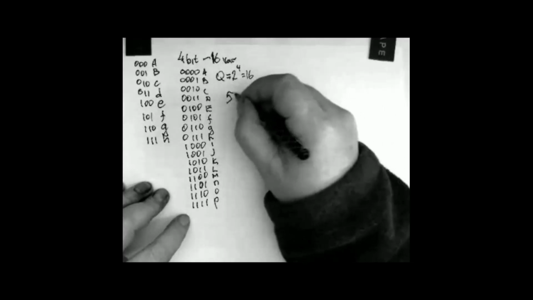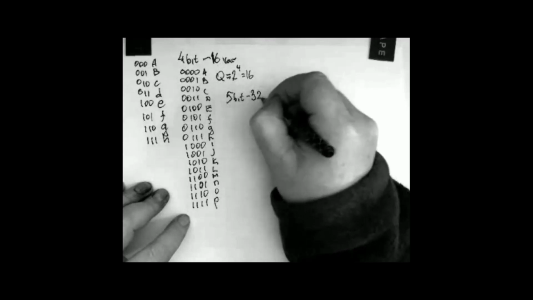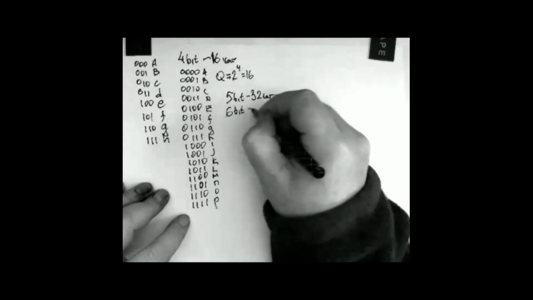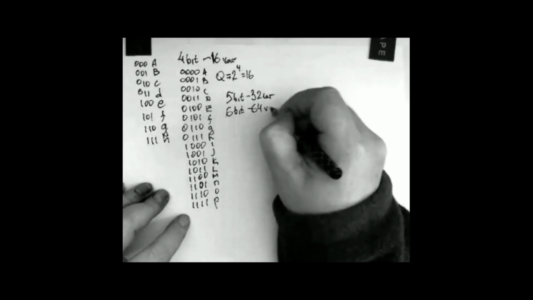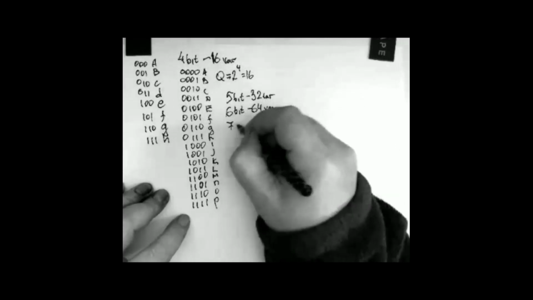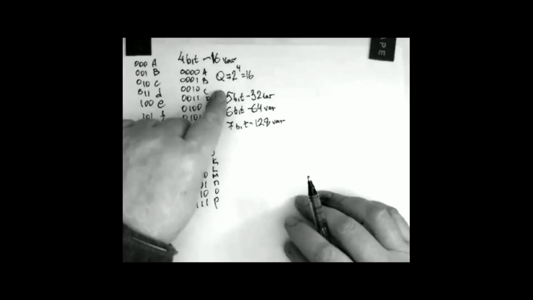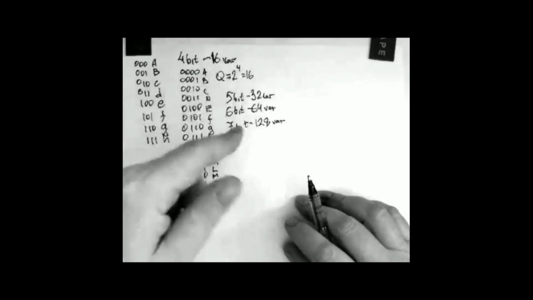So folks, it's obvious that I need more wires or more bits to transmit the entire set of English language symbols. If I take 5 bit, I will have 32 variations. For 6 bit, that will be 64 variations. For 7 bit, that will be 128 variations. Take a look, folks. For 1 bit more, the quantity of variations doubled.